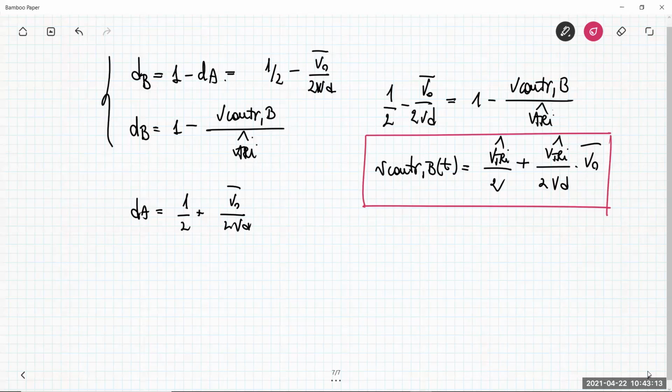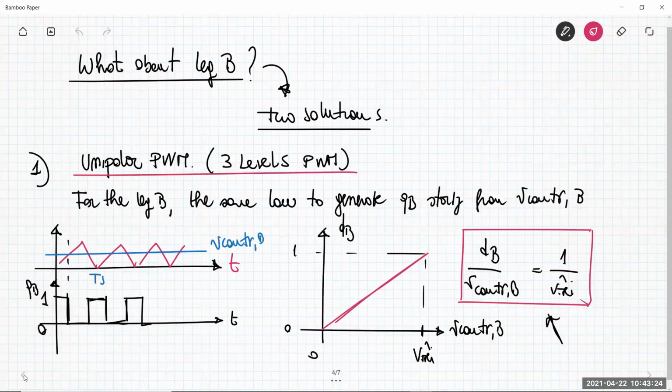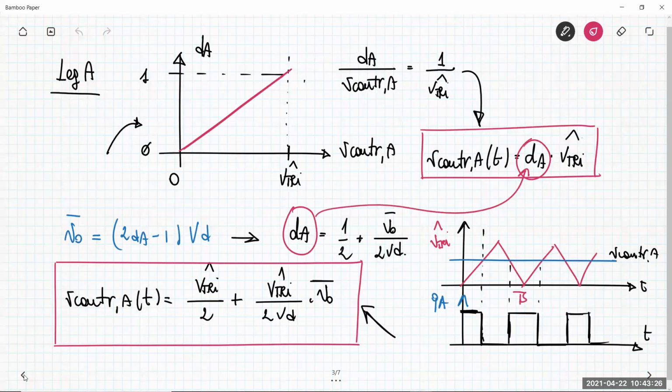Okay, now compare this new expression for the control voltage of the leg B with the control voltage of the leg A we derived previously, which is again here.